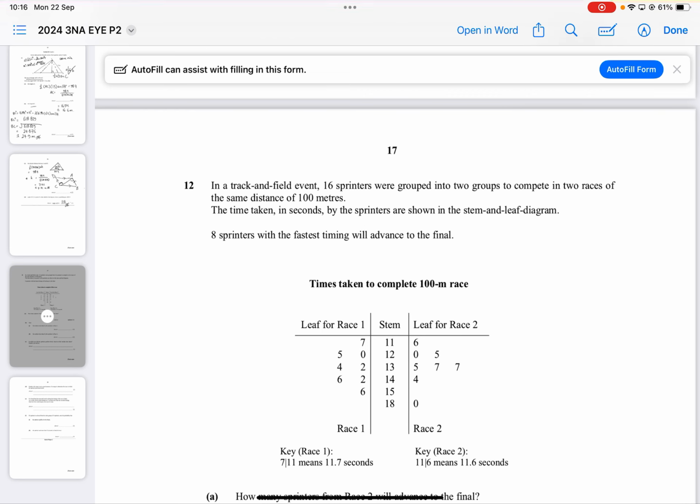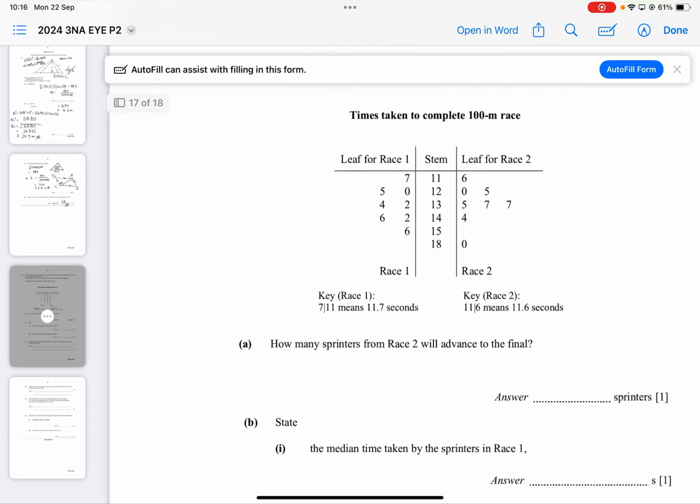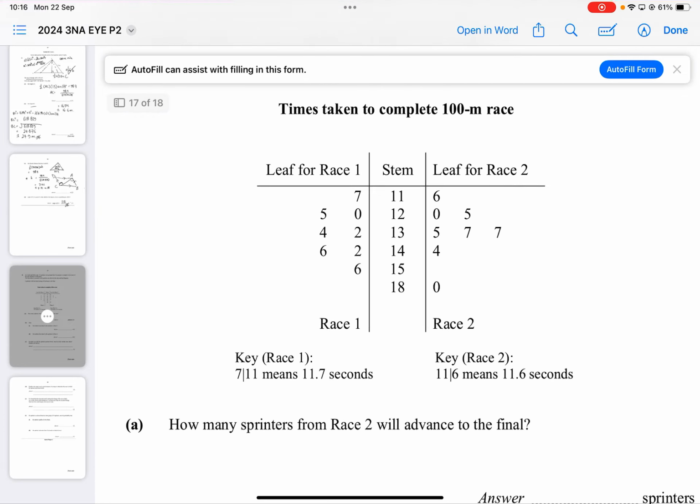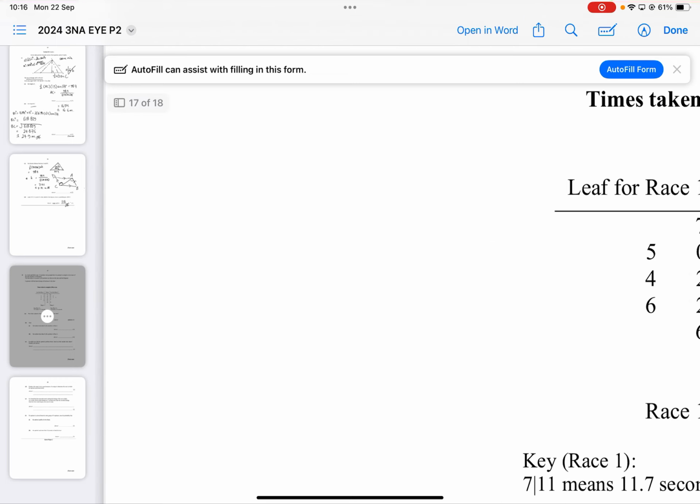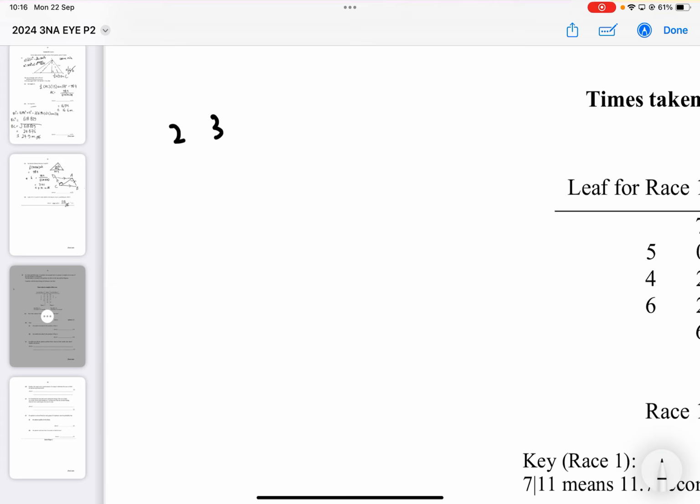Median. Median is the middle. I don't remember by formula. You just split it into two. Then if there's anything in the middle, that is the middle. If there is no middle, for example, if I have 10 data, let's say I have 10 data, 2, 3, 5, 7, 9, 11, 12, 15, 17, 19.